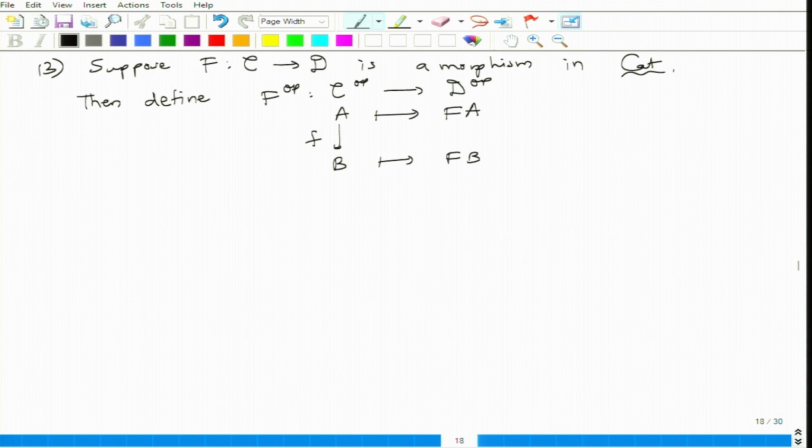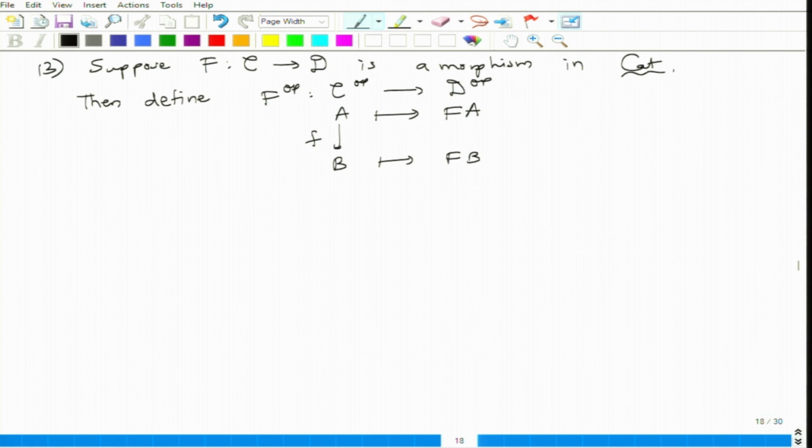This F must have come from a morphism from B to A in C. And then capital F a to F b there is a morphism Ff, right?